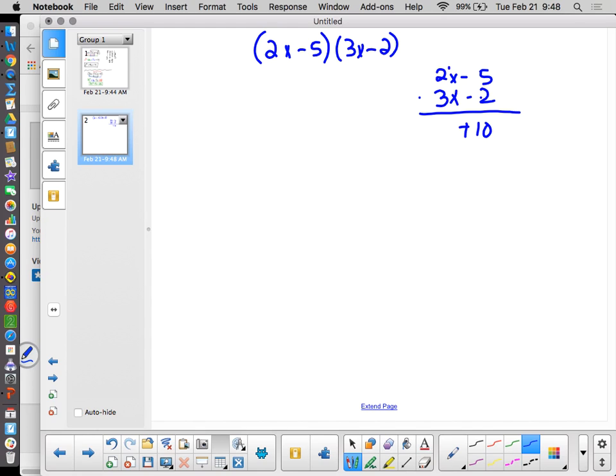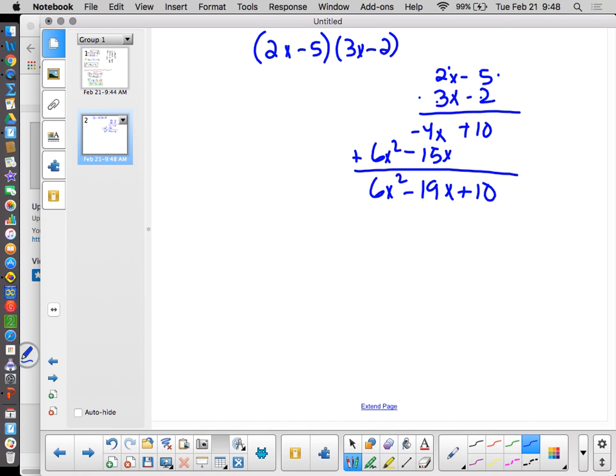The negative 2 times the positive 2x is a minus 4x. The positive 3 times the negative 5 is a minus 15x. And the 3x times 2x is 6x squared. And then we add, kind of like the way that long multiplication works. 6x squared minus 19x plus 10.